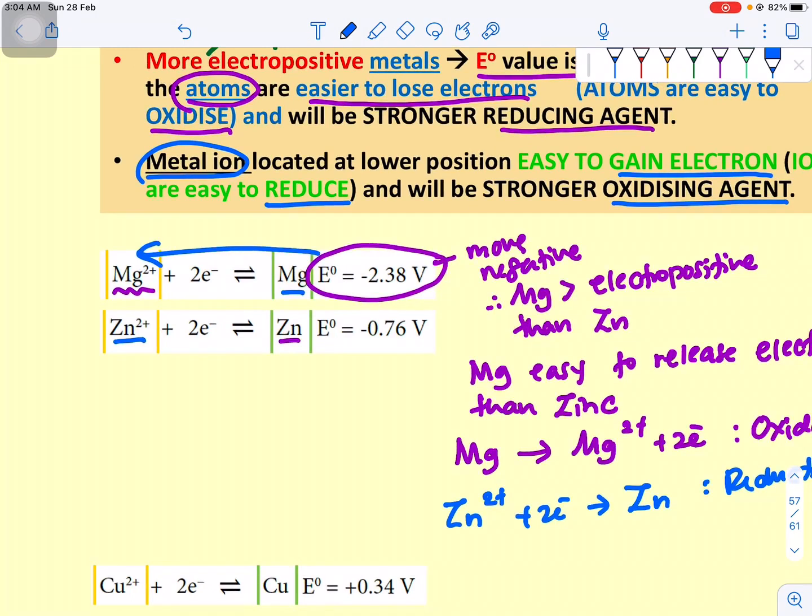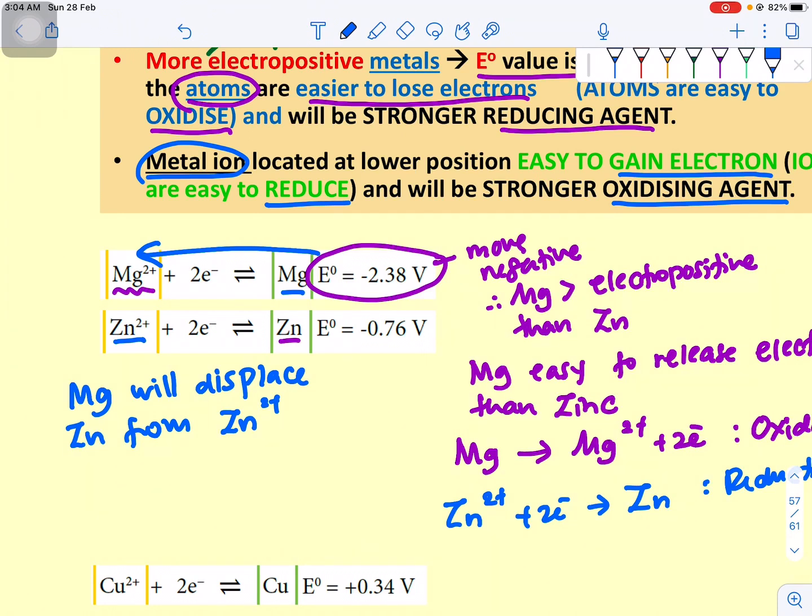So what we can say in this situation, apa kita boleh kata? Meaning that bila kita ada Mg dengan Zn, so Mg will displace Zn from zinc ion ataupun maybe zinc nitrate or zinc sulfate.